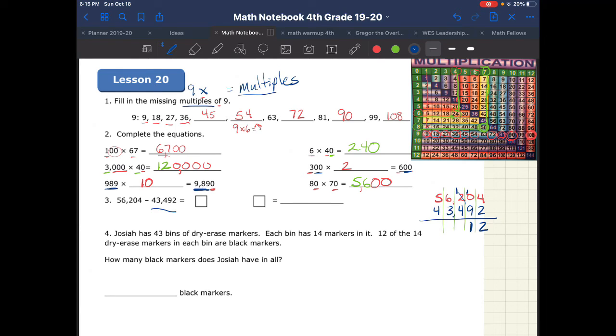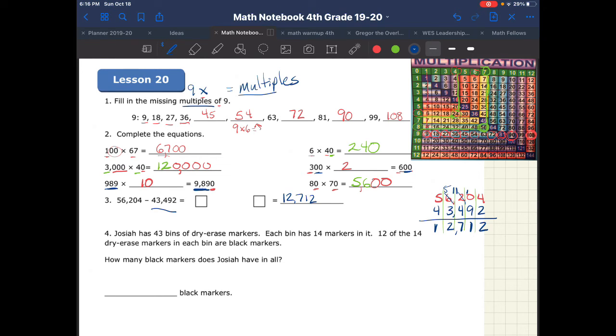Now it's hard to take 4 away from 1, so we're going to regroup again. That's 11. 11 minus 4, 7. 5 minus 3 is 2, and 5 minus 4 is 1. 12,712. All right, we're already on number 4.